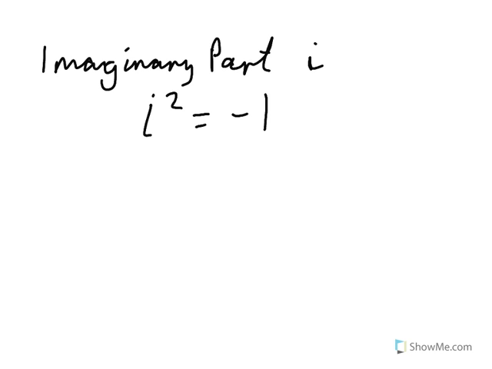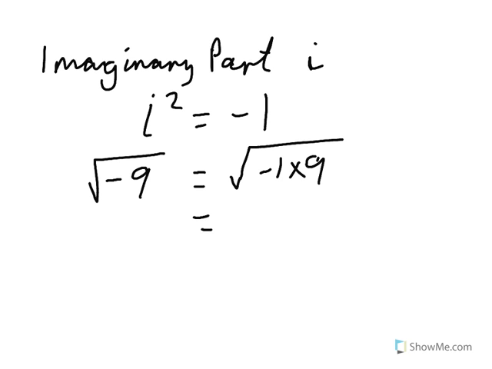So when we have something like the square root of negative 9, we need to rewrite that as the square root of negative 1 times 9, and negative 1 by definition is i squared, and 9 of course is 9, and so we can square root 9 to get 3, square root i squared to get i.